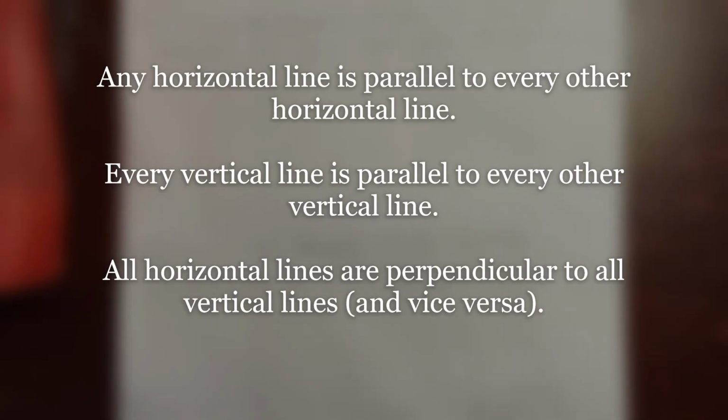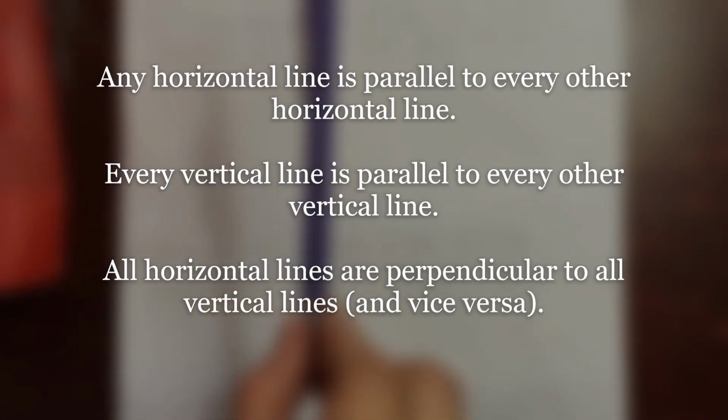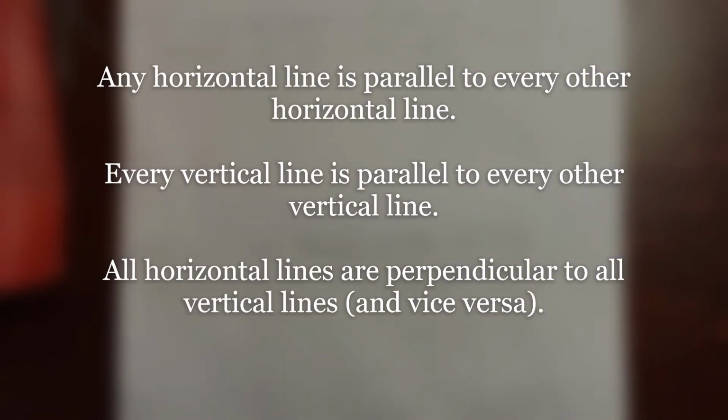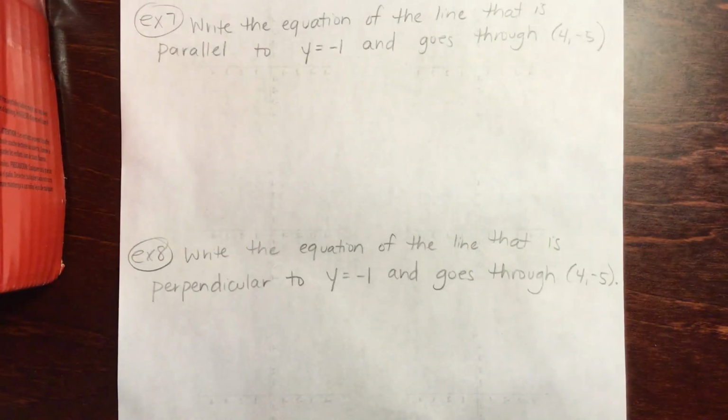Same goes for vertical lines. Every vertical line is parallel to every other vertical line. They're always straight up and down. They don't cross ever. And all horizontal lines are perpendicular to all vertical lines, and vice versa. So keep that in mind for these last 2 examples.